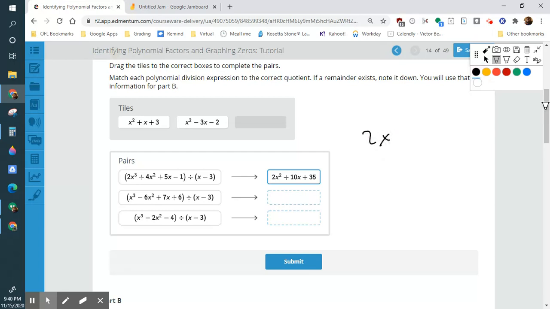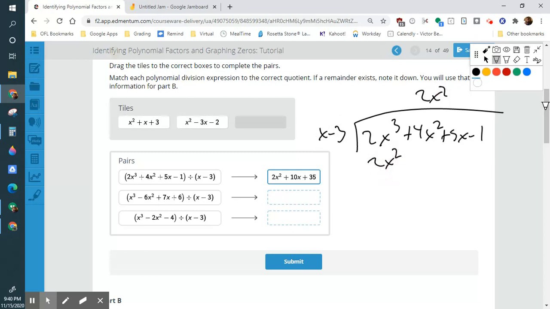So 2x cubed plus 4x squared plus 5x minus 1. We get x minus 3. So this is 2x squared, minus 6x squared becomes 10x squared. Bring down plus 5. This is plus 10x.